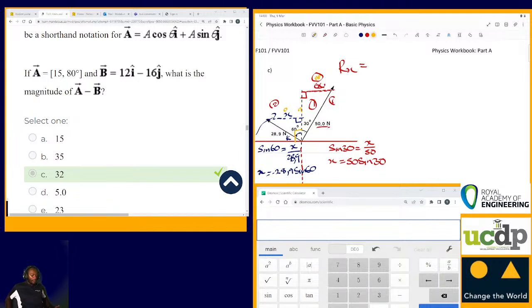Lindokuhle, we are waiting for your response. I see Prince has got another question there. He's saying, is the hypotenuse 28.9? Yeah, in terms of I hat, it's going to be 90. It's going to be 90 minus 60, which is going to be 30, right?